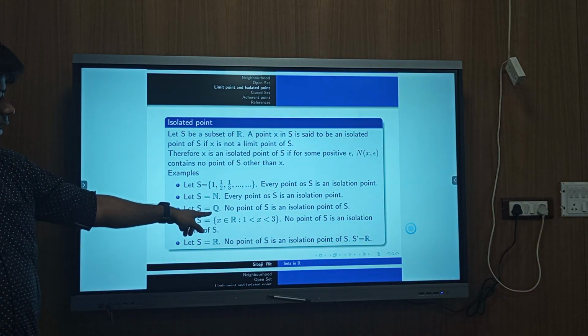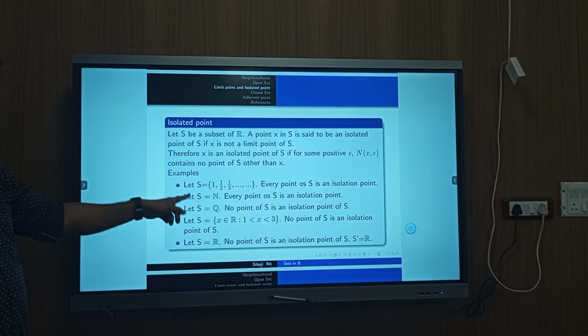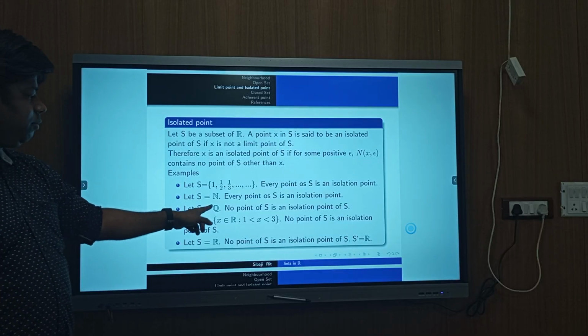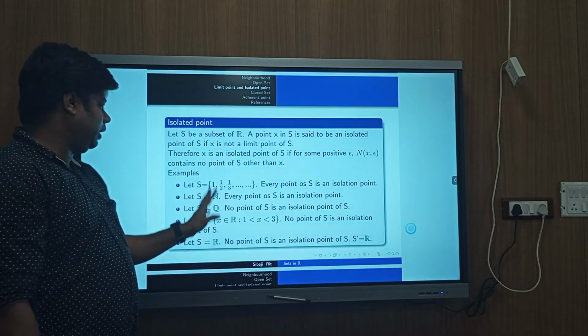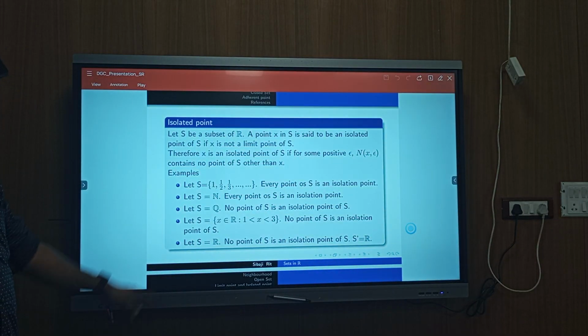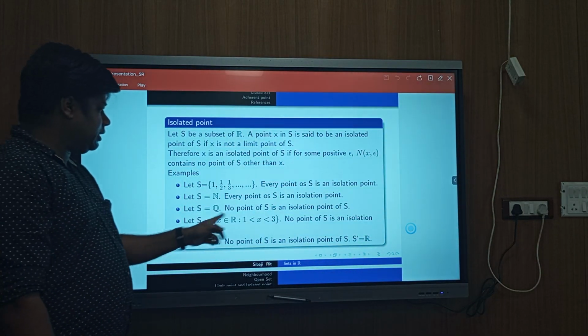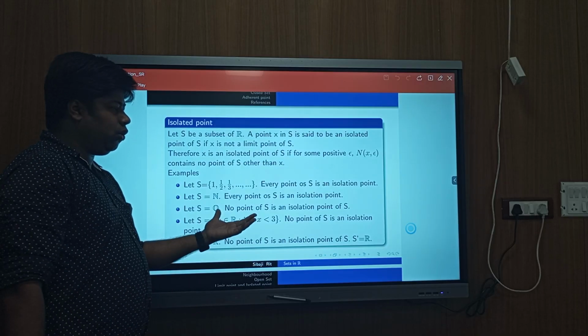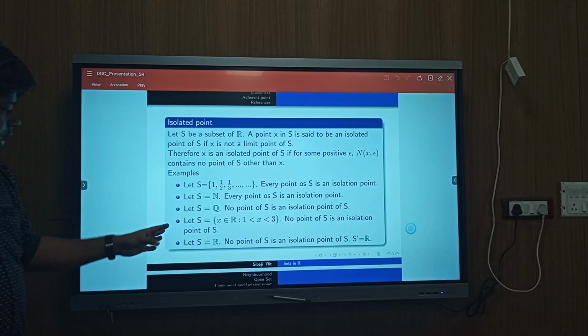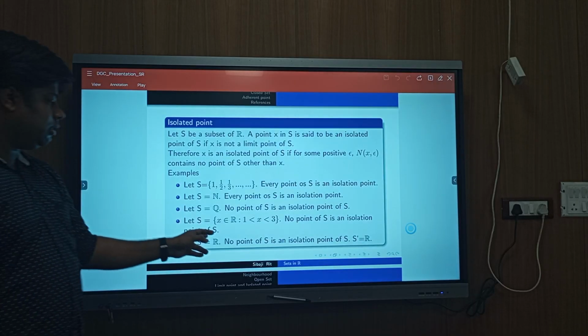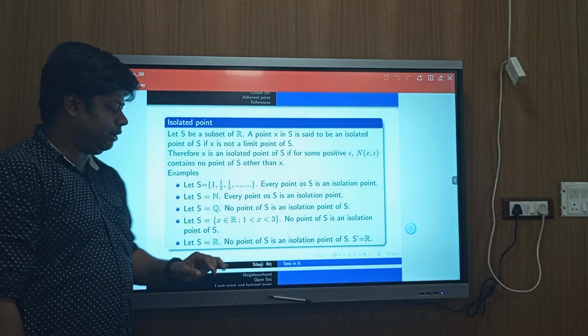We see in the previous example that the derived set of Q is R, so there is no isolated point in Q. If we choose S equal to the open interval (1, 3), then there is no isolated point. If we choose S equal to R, then S has no isolated point.